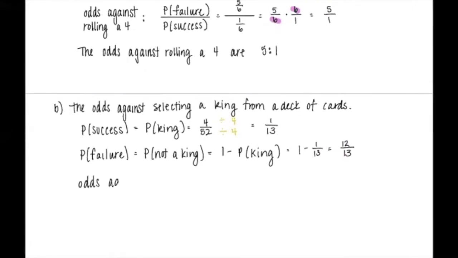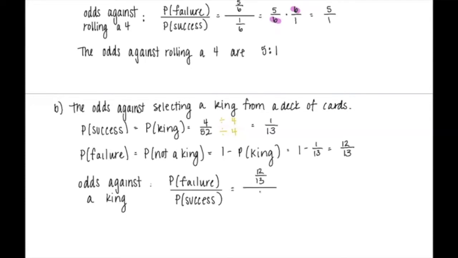So the odds against a king are going to be our probability of failure divided by our probability of success. So that's 12 over 13 divided by 1 over 13. And again, you're taking 12 over 13, dividing by a fraction, so you multiply by the reciprocal, and that 13 ends up canceling.